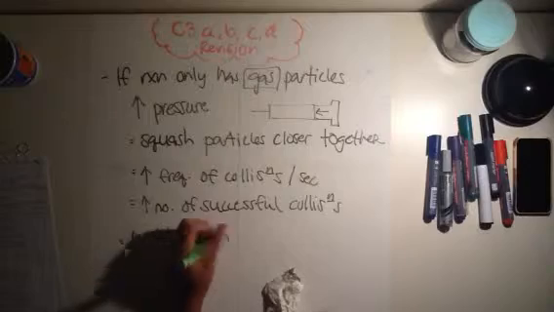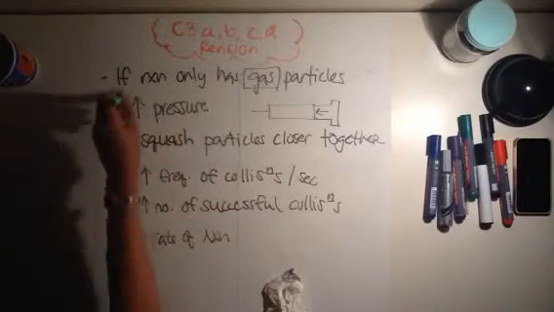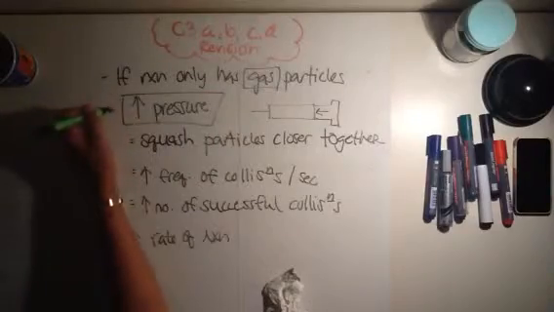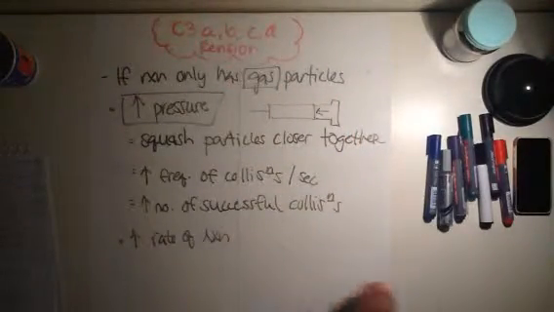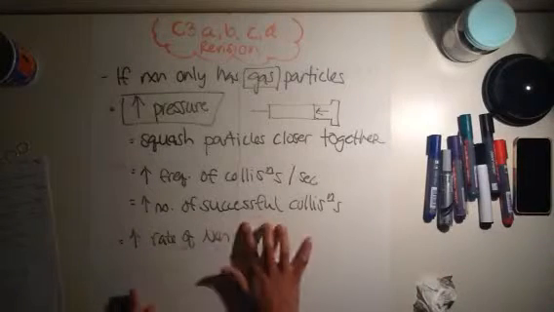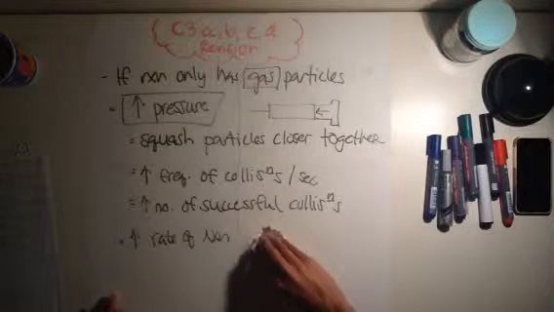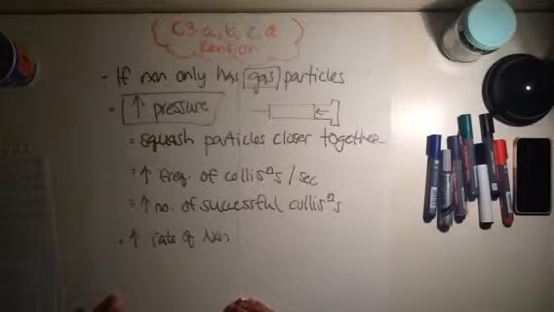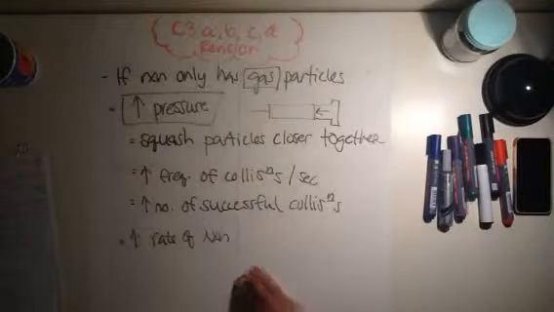So this example only refers to if the reaction only has gas particles, and if you increase the pressure, you're basically squashing the particles closer together, increasing the frequency of collisions per second, number of successful collisions, increasing the rate of reaction. That's it in terms of looking at how different factors can affect the rate of reactions. Okay, so this pressure one only applies to if the reaction only has gas particles.